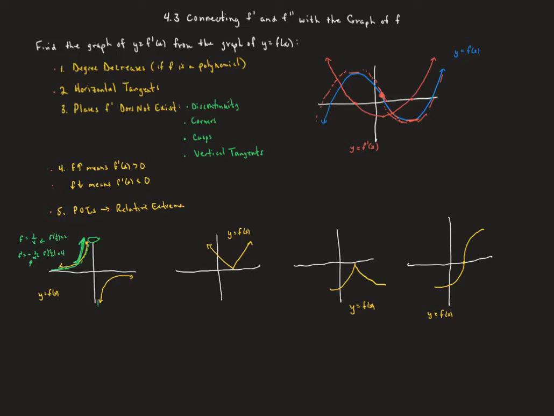Likewise here, we're going to have very big negatives, and then it's going to flatten out towards 0, so we're going to get something like the volcano graph. For the absolute value or the corner point here, the slopes along here are going to be the same negative value.